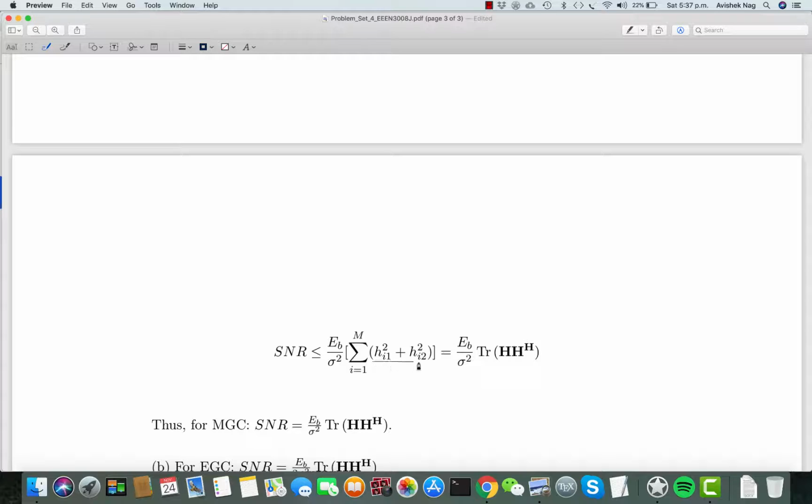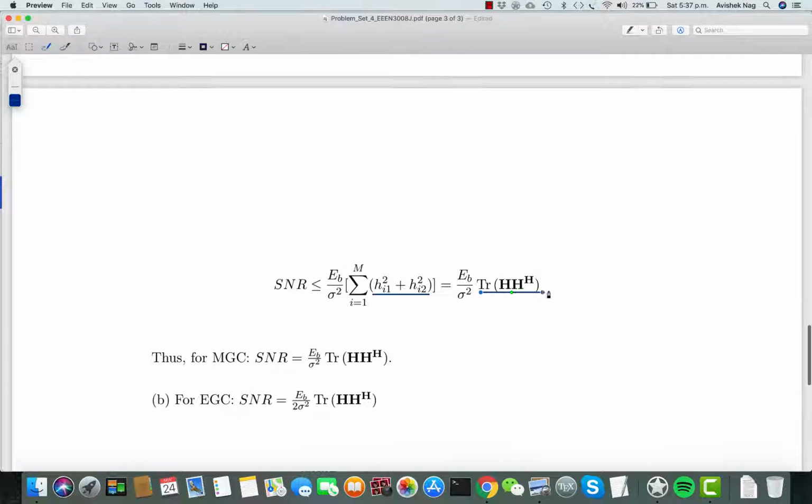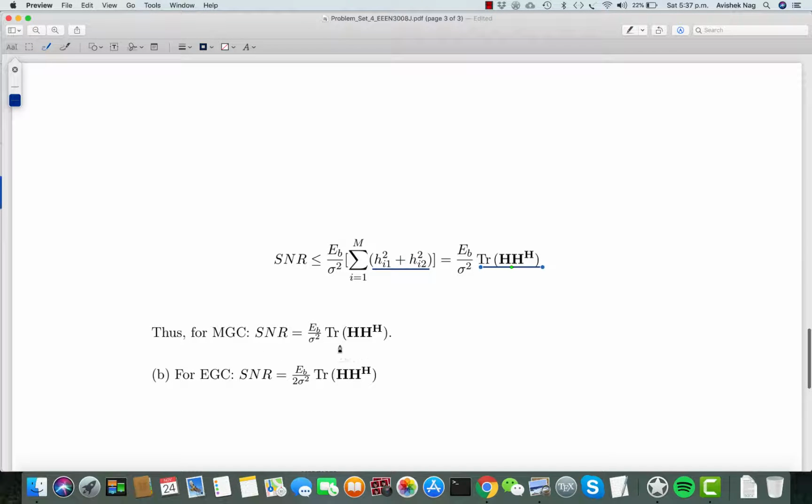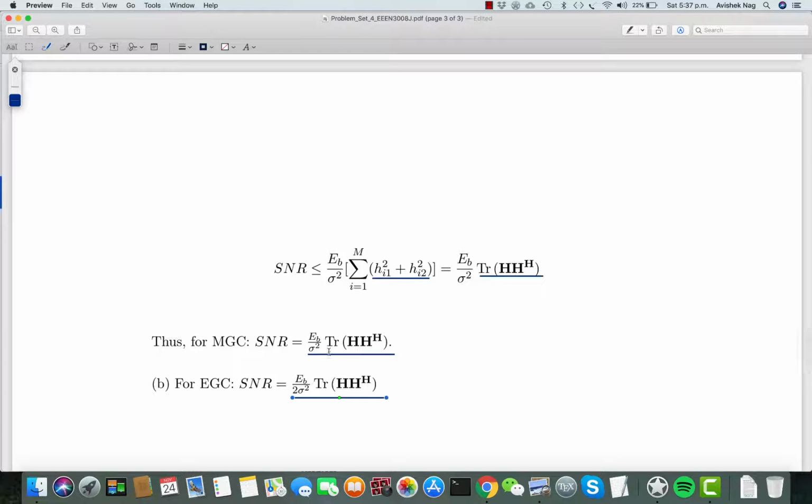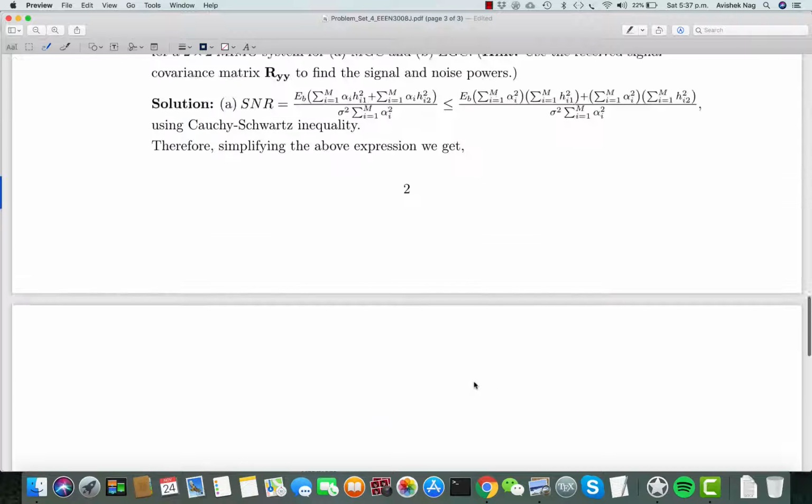So this particular expression is the same as the trace of this, and then for MRC you have this expression, and for EGC you have this expression, because the 2 term will come in the denominator for EGC, because all the alphas are equal.